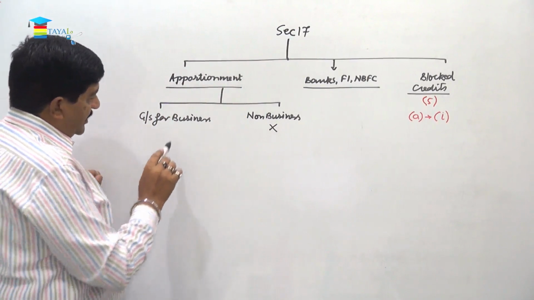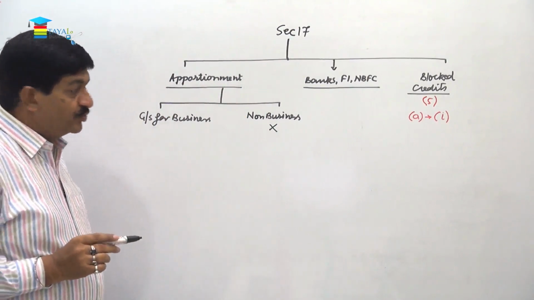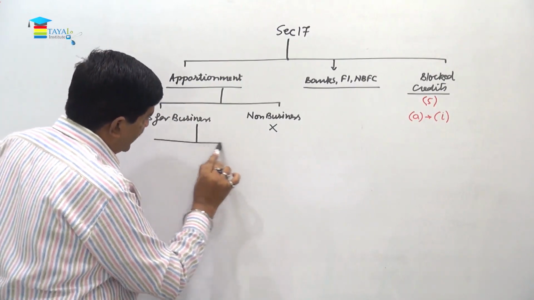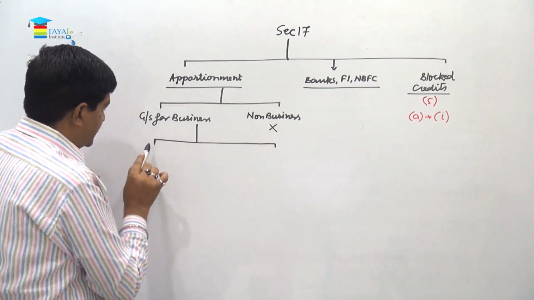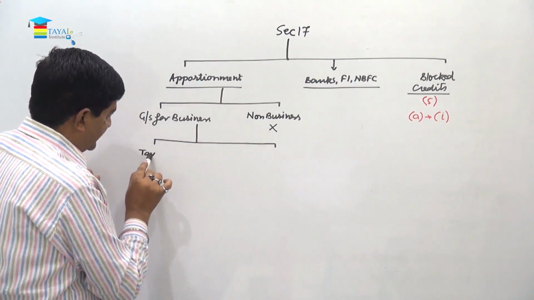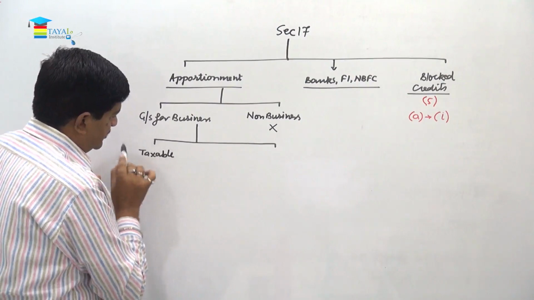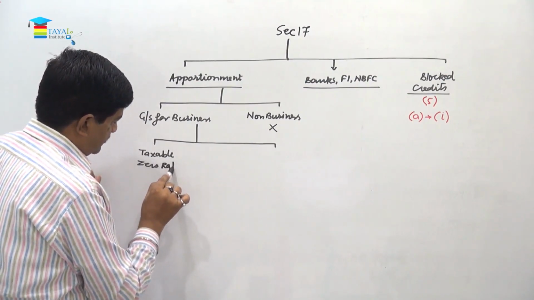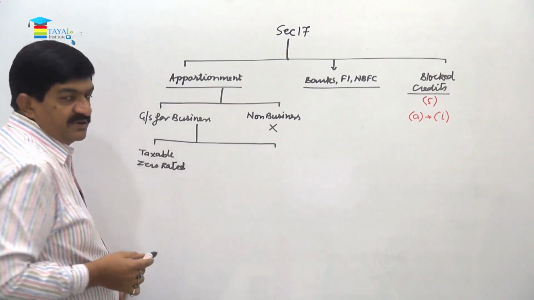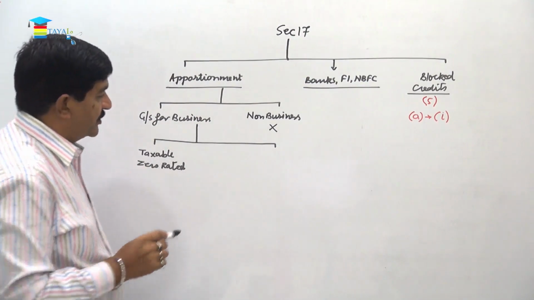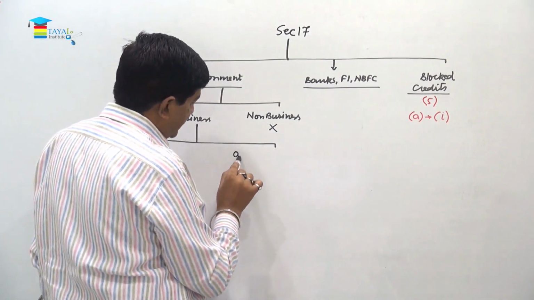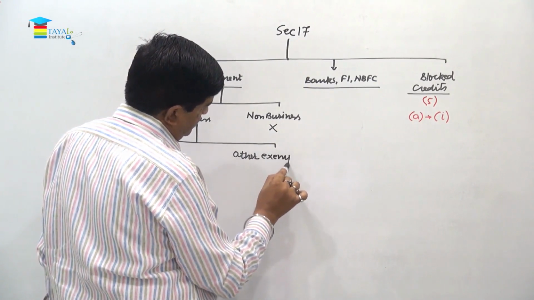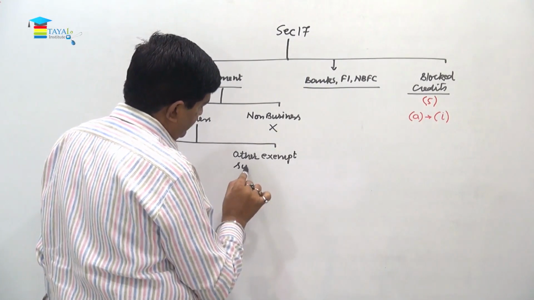In case of goods and services which are used for business, this we will divide it in 2 parts. These are for taxable supplies plus zero rated supplies. Taxable as well as zero rated, and here we have other exempt supplies.